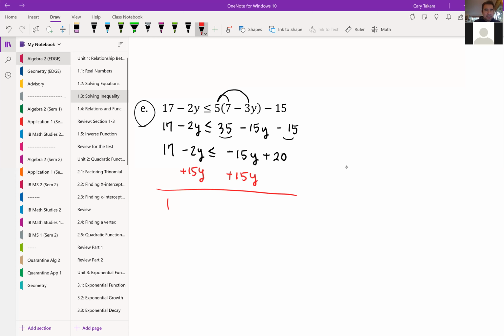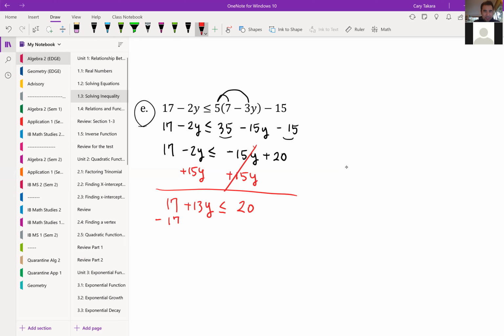I get 17 plus 13y is less than or equal to, that cancels out, 20. So yeah, we're going to get some funky number.